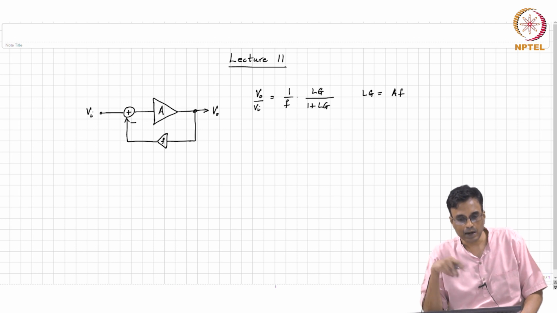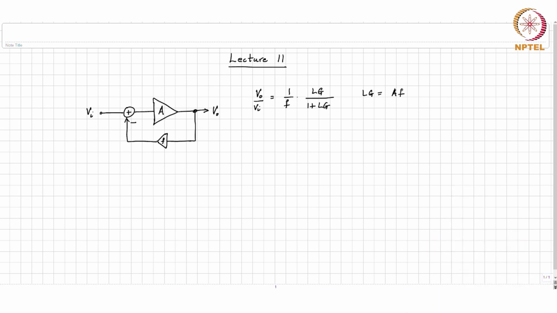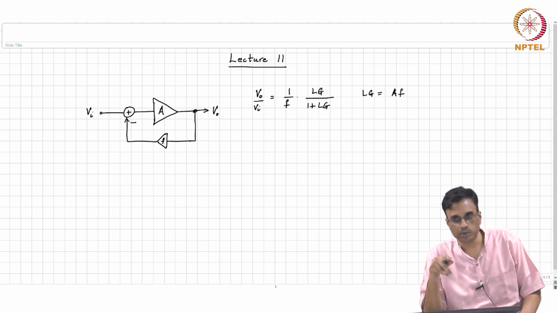What comes back is A times F in magnitude and must be in the opposite direction. The opposite direction is needed for negative feedback, right?